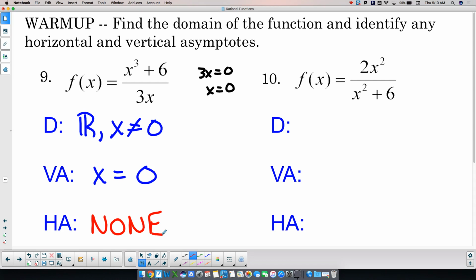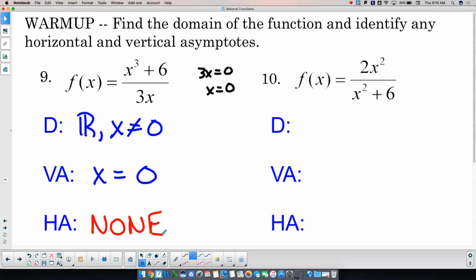Okay, if I put a negative number in there, what do I get? I get a positive number, right? Because I'm going to square that negative number, so it's just all real. And then I'm going to add 6 to it. That's going to be a positive number. Okay?